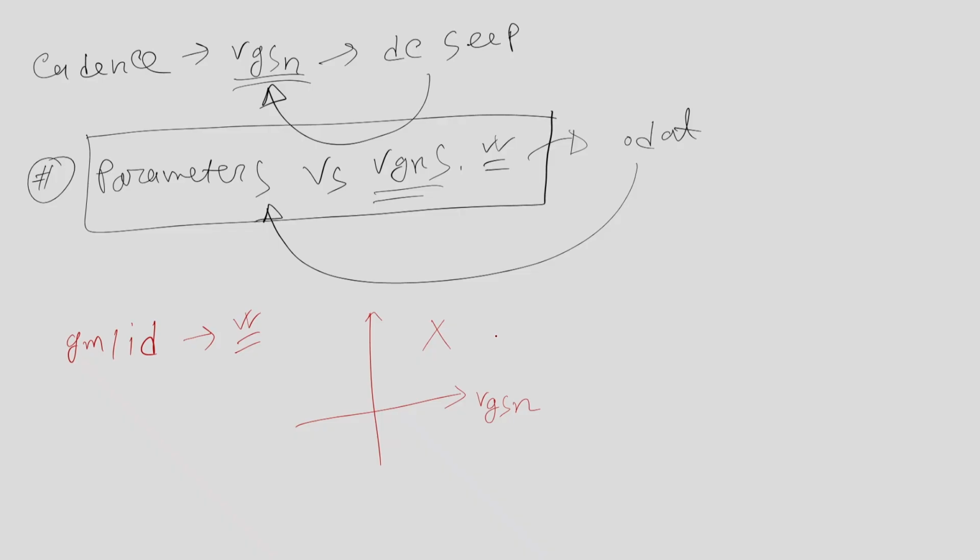This type of curve, parameter versus VGS of N, is not enough for analog circuit design. Instead, we require plots where GM over ID is on the x-axis and all the different parameters are shown on the y-axis.